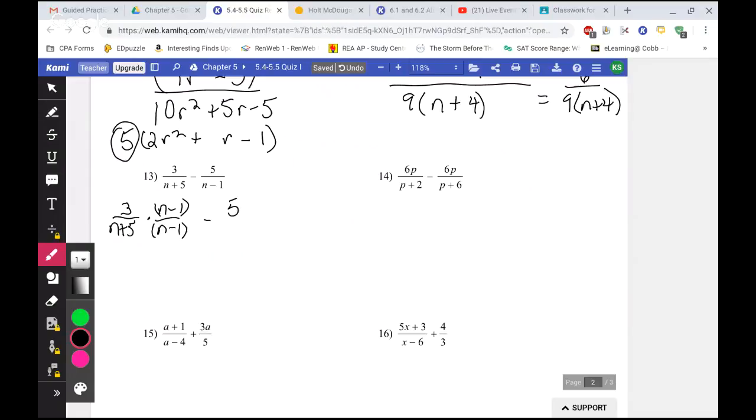And on this second one, we need to multiply the top and the bottom by n plus 5. Well, now we'll have one big common denominator.